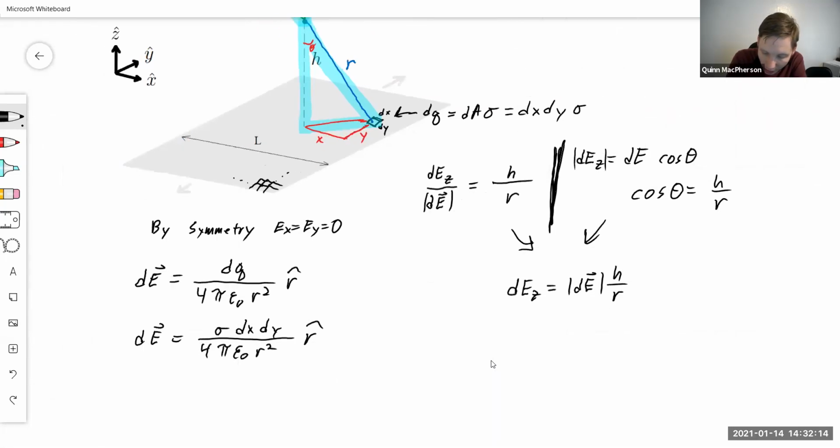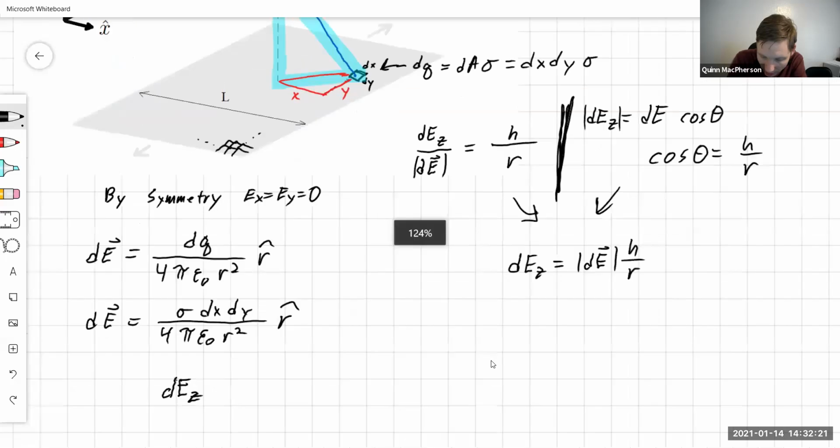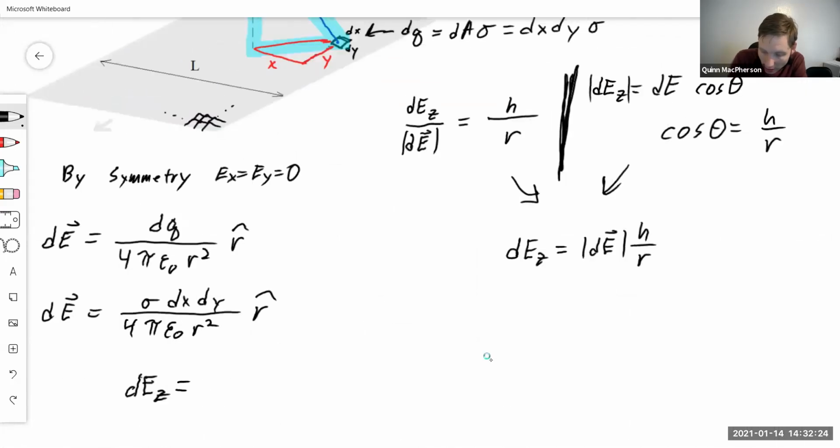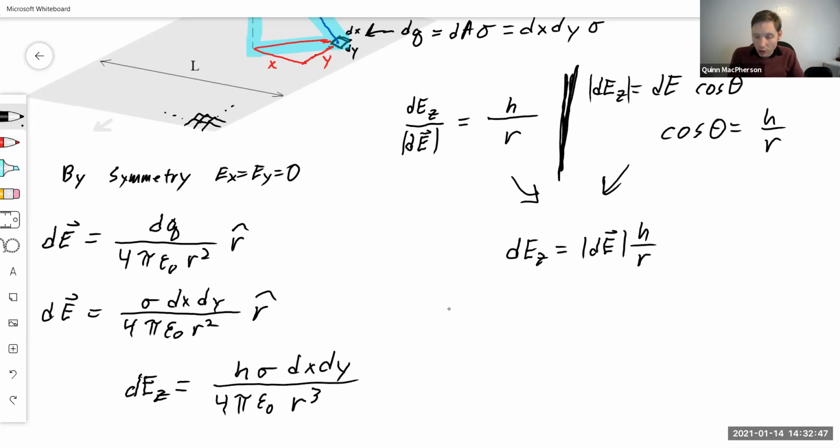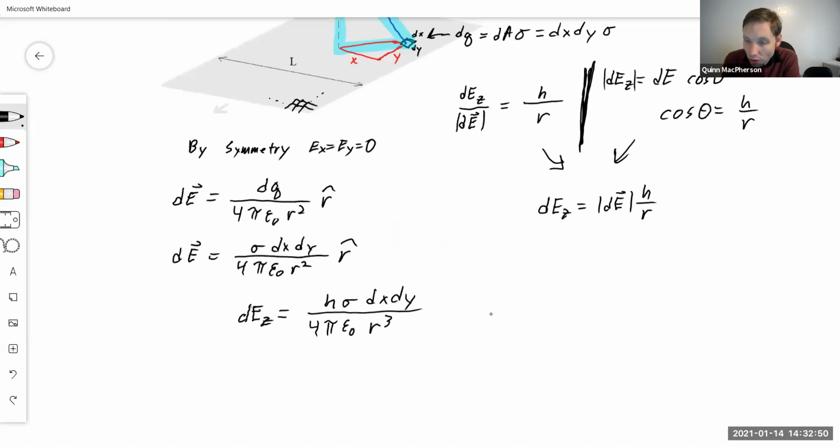So doing this, we get dEz is equal to h, let's do sigma next, h sigma dx dy over 4 pi epsilon naught r cubed, because we have two r's from here, one r from there, so we get r cubed. Okie dokie. Now let's put in r.